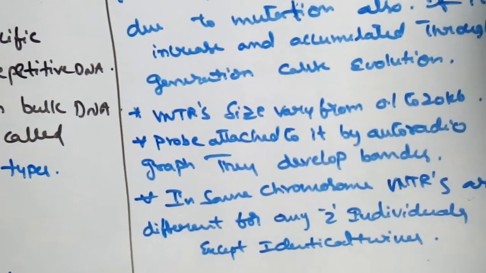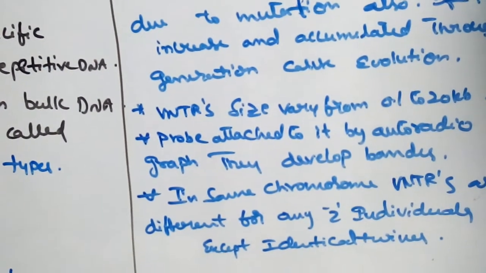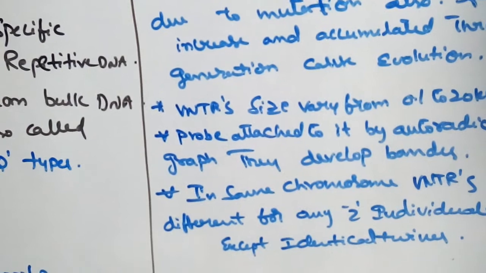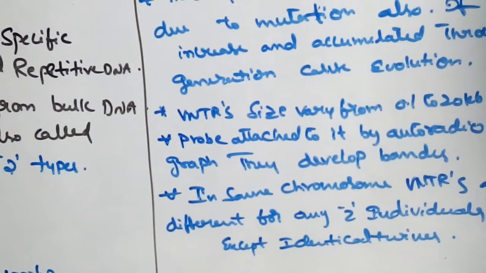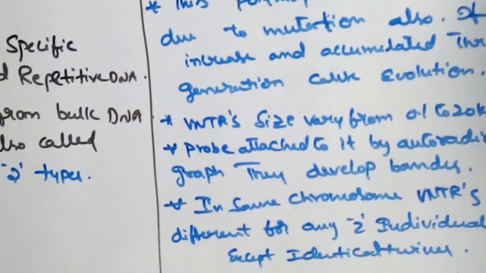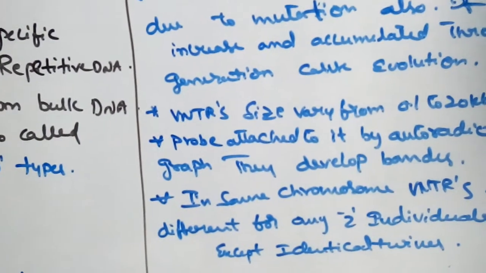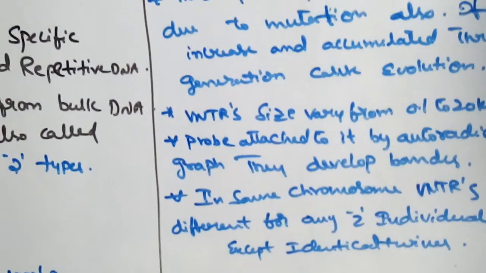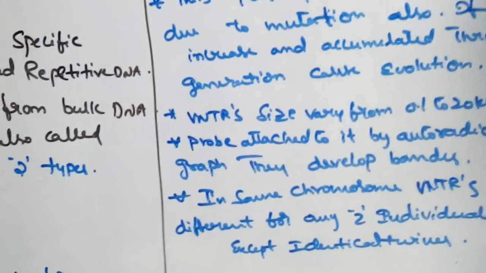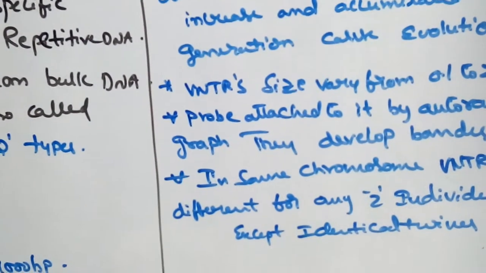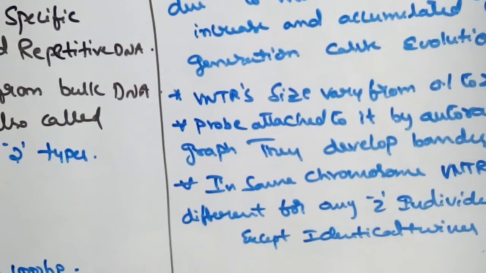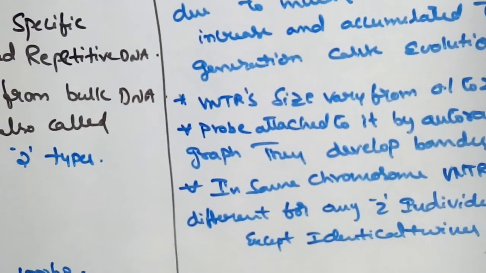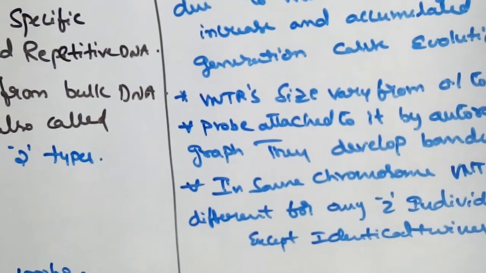If you take the same chromosome of two persons, any chromosome, these VNTRs are different for the two individuals, even for the same parents, except in identical twins. Only in twins are these VNTRs matched. Even between parents and their sons and grandsons they do not match. So these VNTRs are different for chromosomes of every individual.